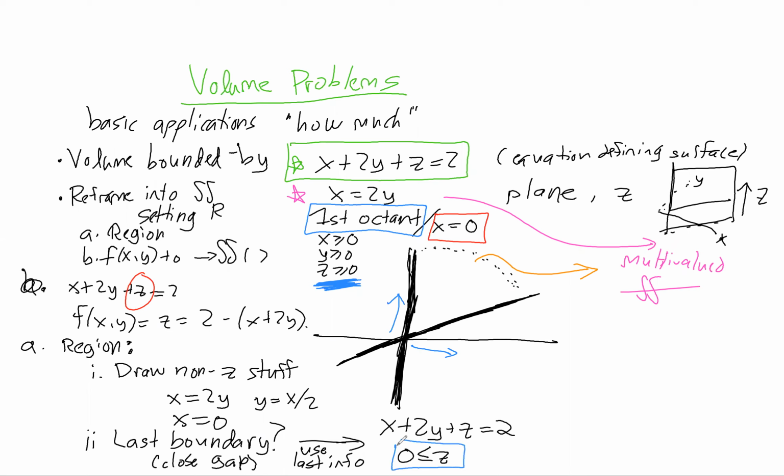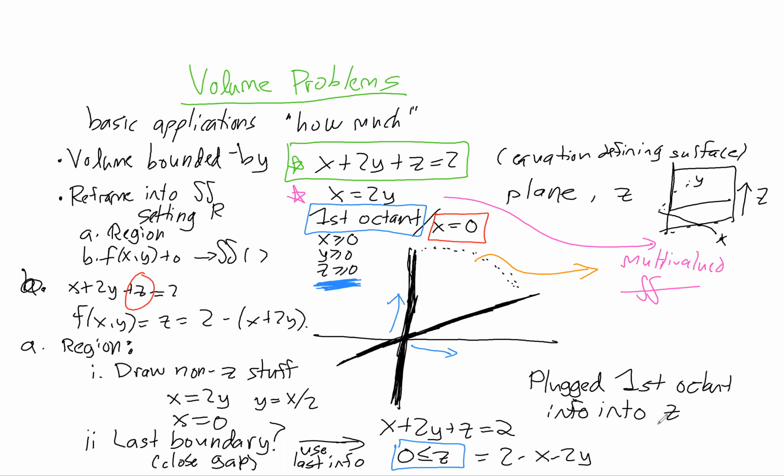Here's the missing condition. And z is 2 minus x minus 2y. So what did I do here? I plugged the first octant info into the z equation.